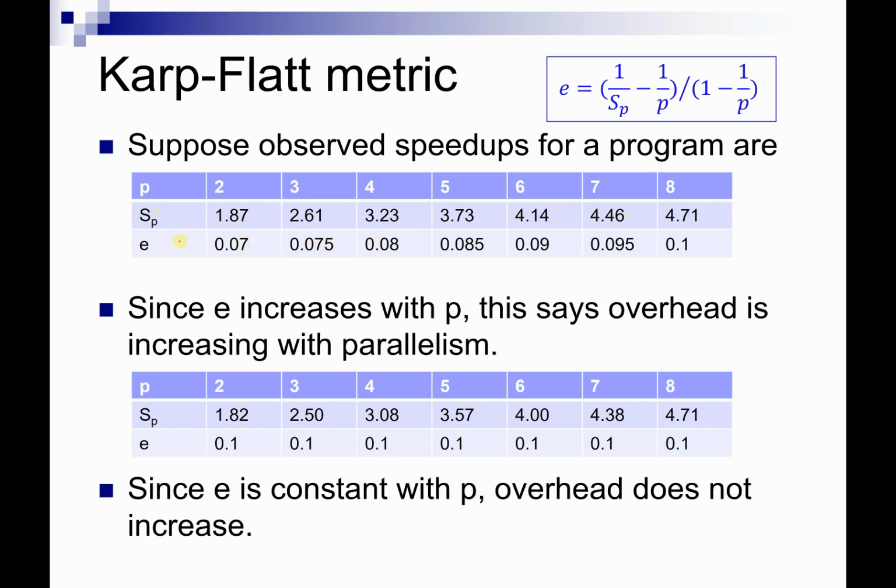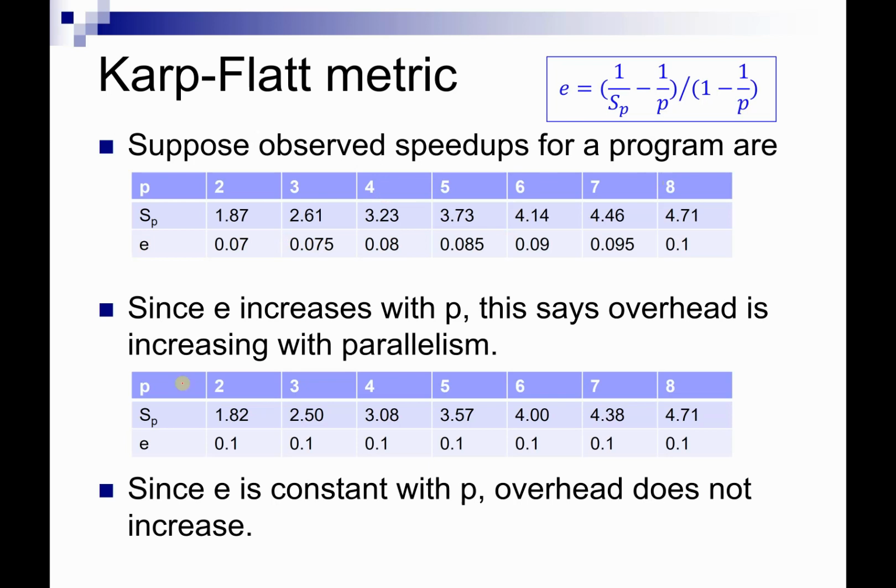So in this example, the E values are actually increasing. Remember that these E values include both the sequential portion and the overhead. So the fact that this is increasing says that the overhead for the program is increasing as you increase the number of processors. You're paying more and more overhead as you increase the number of processors.